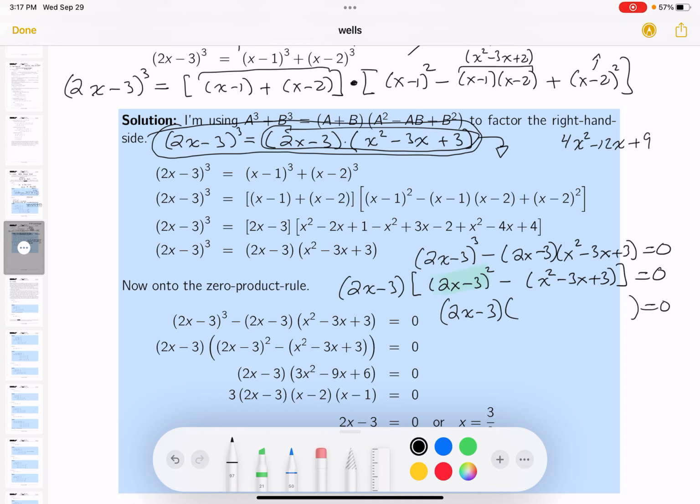And then what we're going to do is we're going to subtract away this thing. And let's write that down now. So that would be minus x squared plus 3x minus 3. And what are you going to get? Let's take a look. You would get 3x squared minus 9x plus 6.